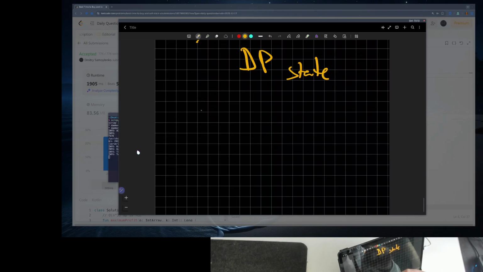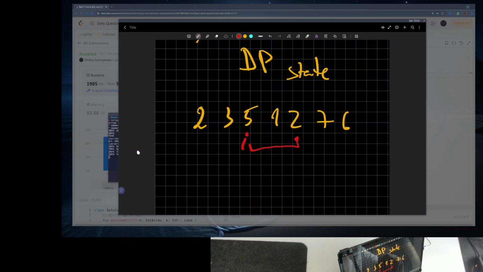Now let's take a closer look at the numbers. At each position, we know that if we have a deal starting in this day, we should close this deal, and this is the profit we take starting for this day.